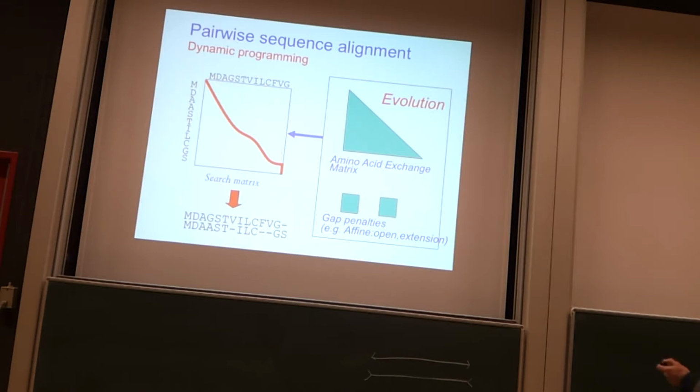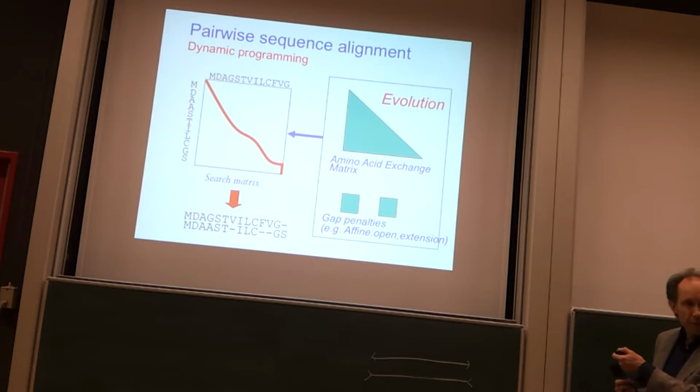Normally an input is an evolutionary model, basically a set of substitution scores. What is the likelihood of an alanine, letter A, in a protein sequence being aligned with an I, for example, in this position? Those scores normally have to be found in a matrix.